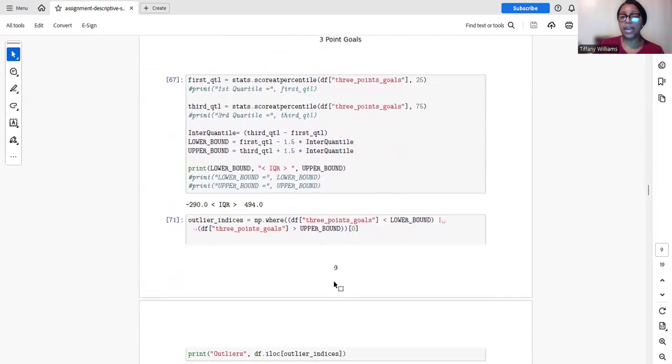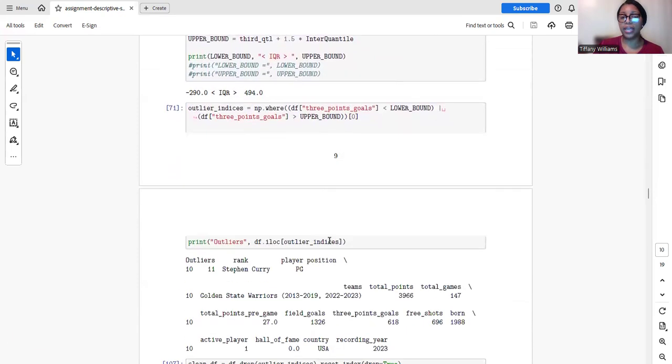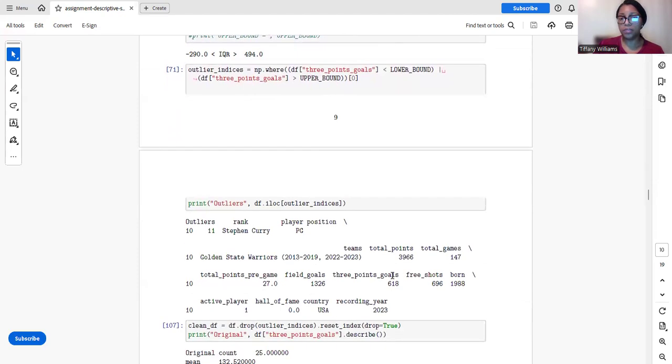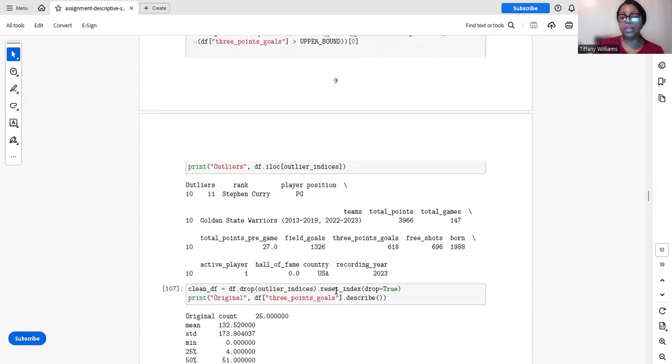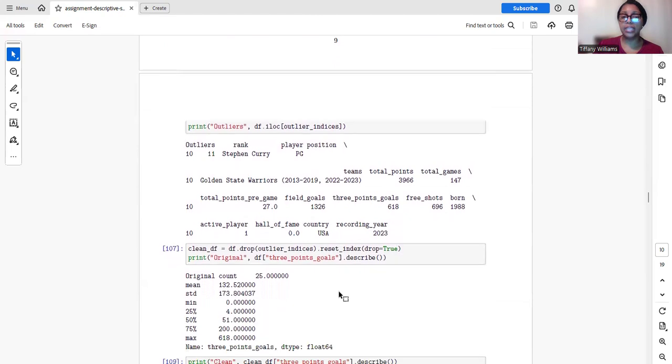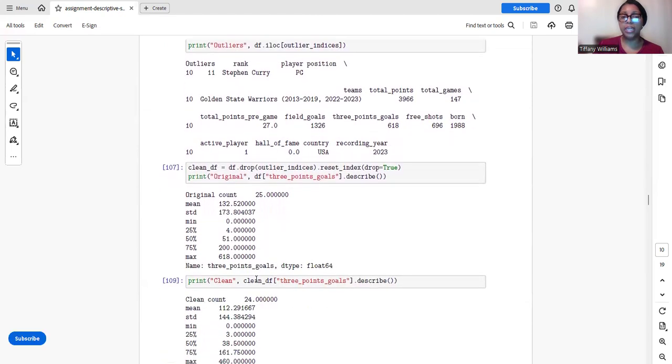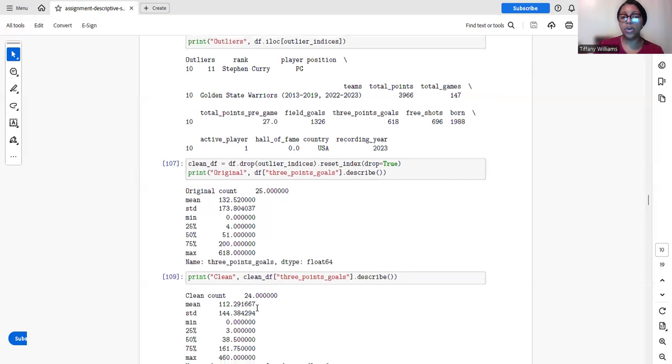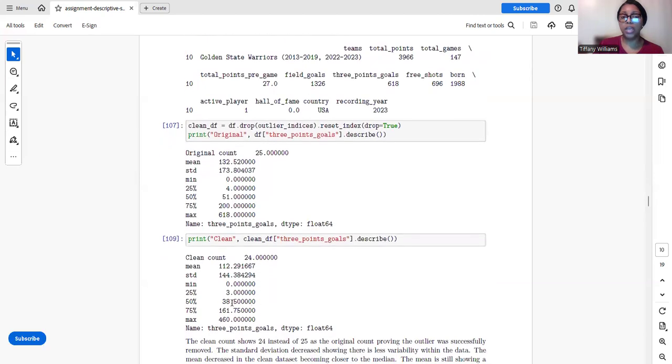Once we find the outlier and get it to return the outlier, it returns Steph Curry with 618 3-pointers made. I remove him from the data set as well, and the mean of the original data was 132. It is now 112, and the standard deviation dropped as well.